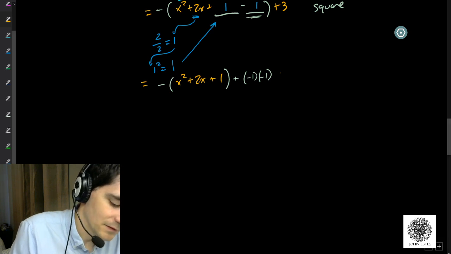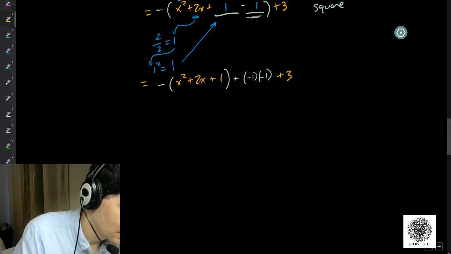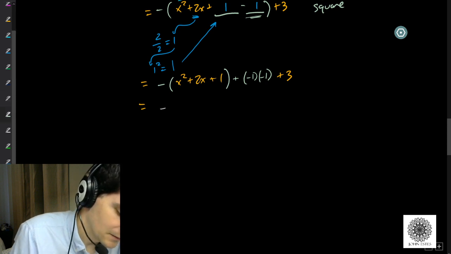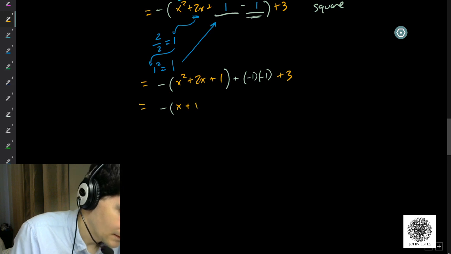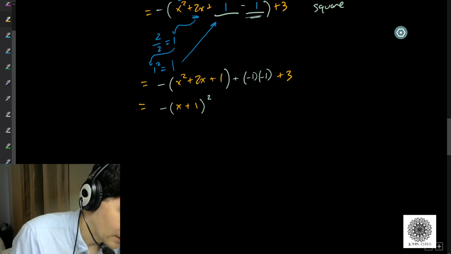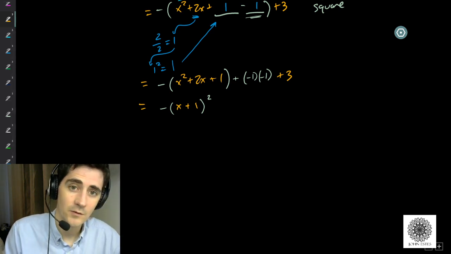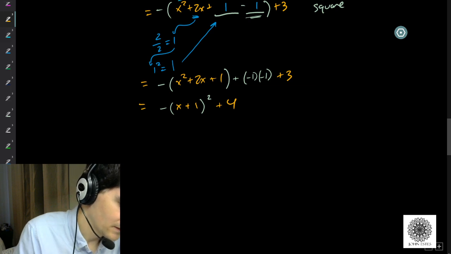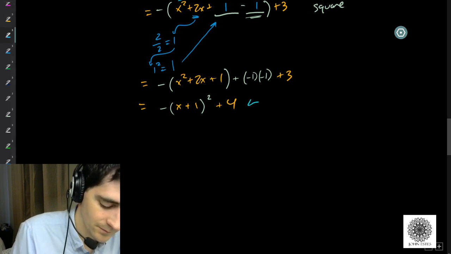And then I have the plus 3. Okay, so now finally I can factor. Let's see, I get negative x plus 1 quantity squared. And then when I add the positive 1 and the 3, I get plus 4. Look, it's now in vertex form.